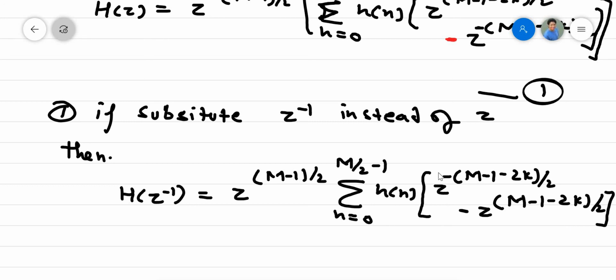Okay, so we have substituted Z inverse instead of Z.